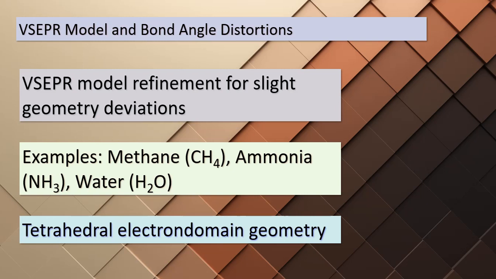In methane, CH4, the bond angles are about 109.5 degrees. For ammonia, they are around 107.8 degrees. And in water, the bond angles measure about 104.5 degrees. These deviations arise due to the effects of non-bonding electrons and multiple bonds. Now, let's move on to the specifics of these molecules and the factors influencing their bond angles.